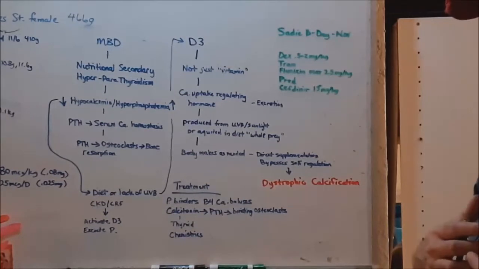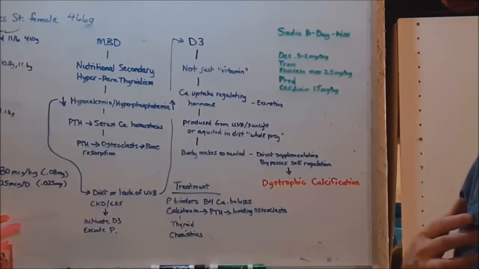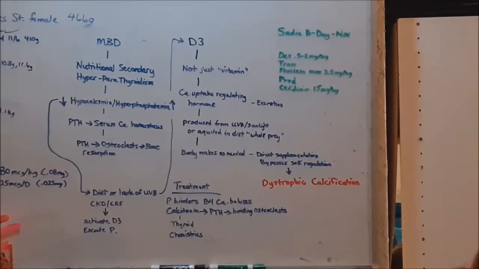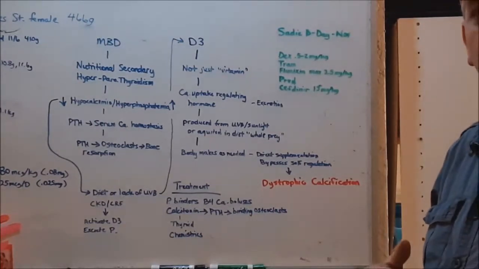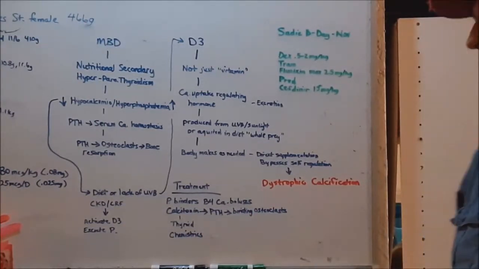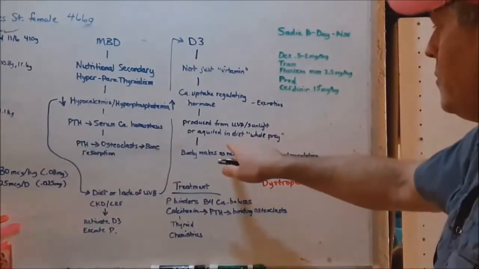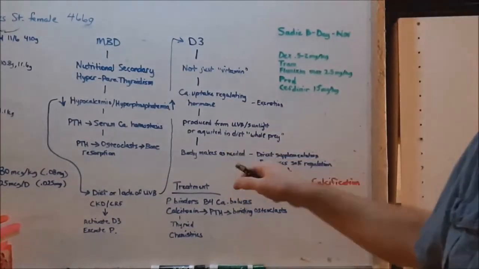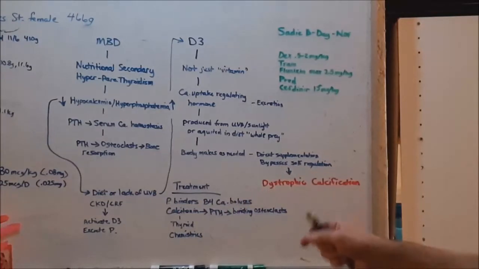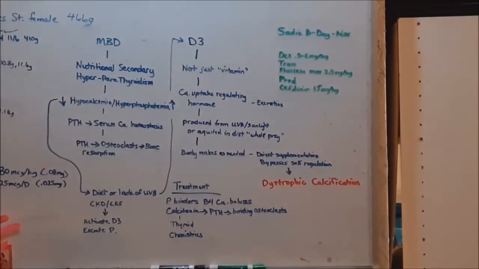It got to where her heart was having trouble beating because the sac around the heart had started calcifying. With her intestines, she would have been in an extreme amount of pain because of these calcium deposits everywhere. The reason for that is she absorbed too much calcium that wasn't needed from the intestines.